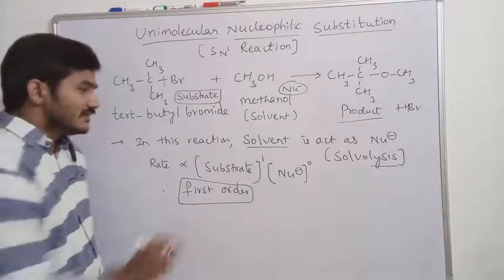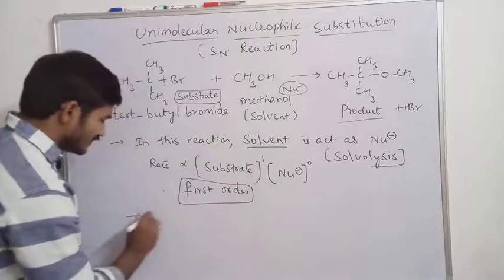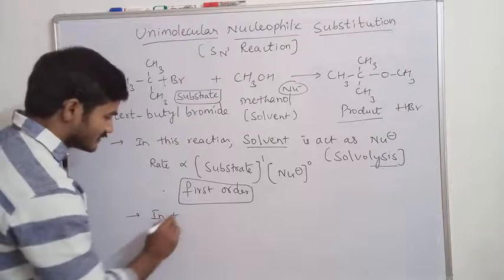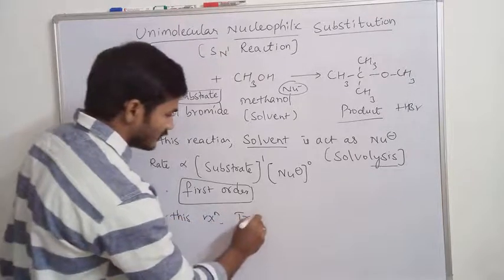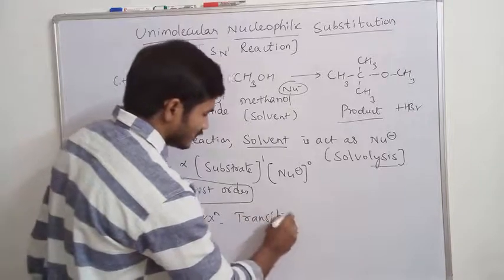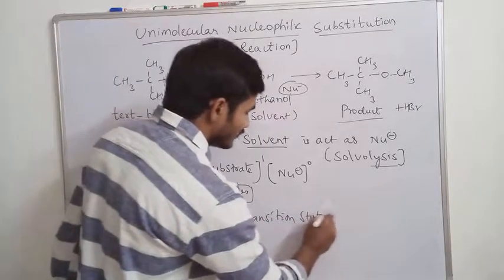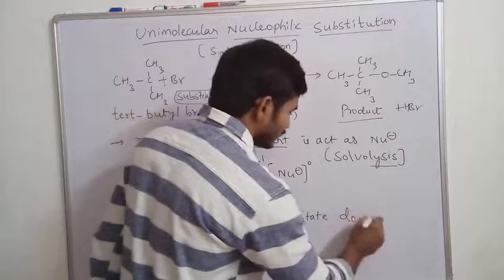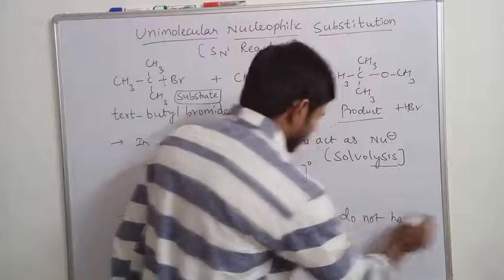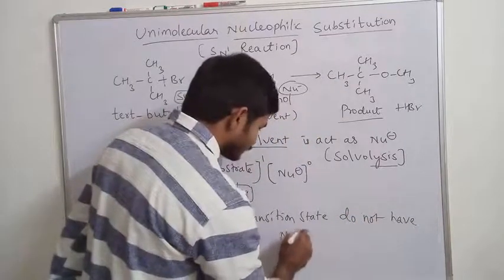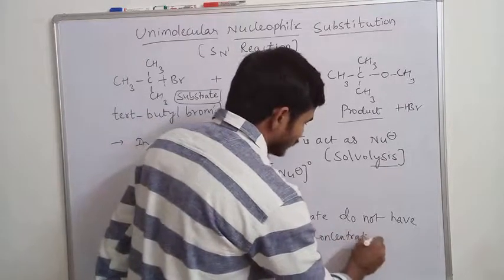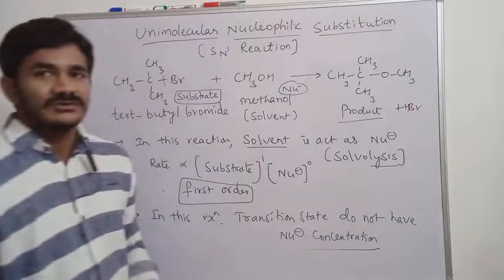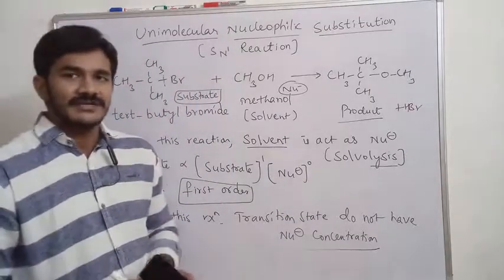Also, in the formation of the transition state in this reaction, the transition state does not have nucleophile concentration. To form the transition state, the nucleophile does not play any role.